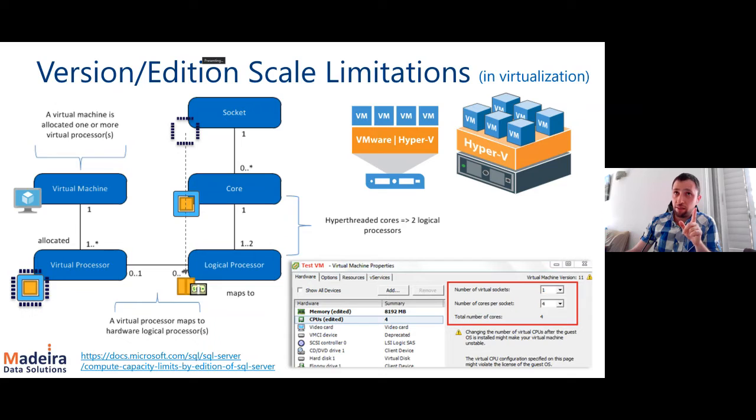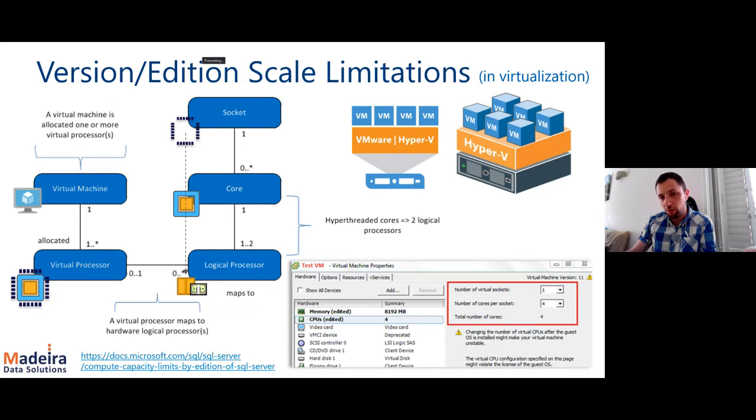In the SQL Server error log, it is possible to see right next to the startup, when the instance just starts up, several informative messages, one of which is how many cores SQL Server was able to use.